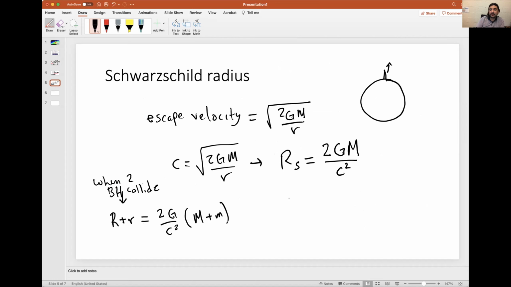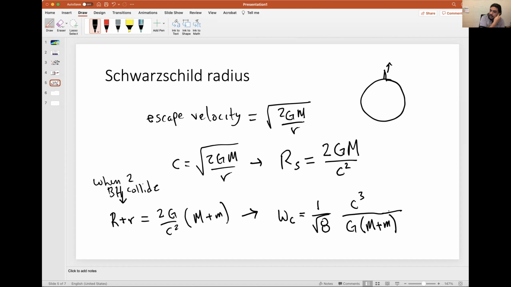So we can figure out what is the actual angular frequency of the two black holes. If they're separated by that much, they're orbiting each other, and this is the maximum frequency that they're orbiting against each other.